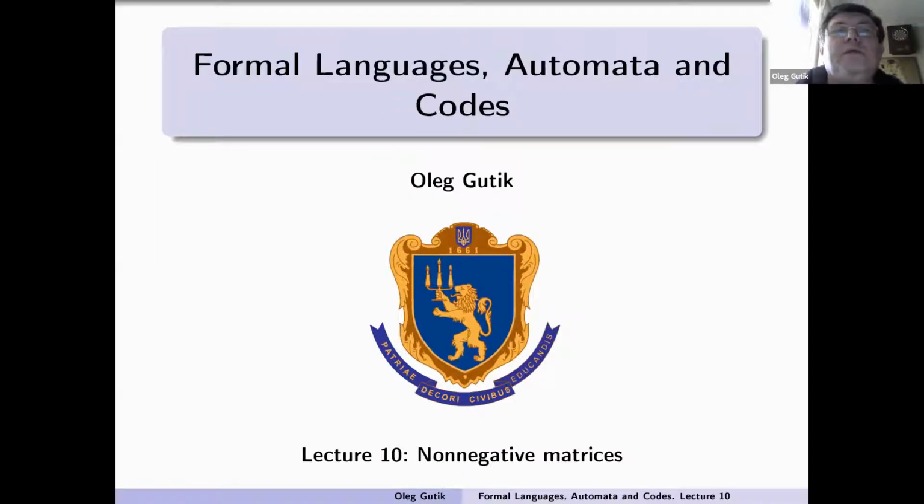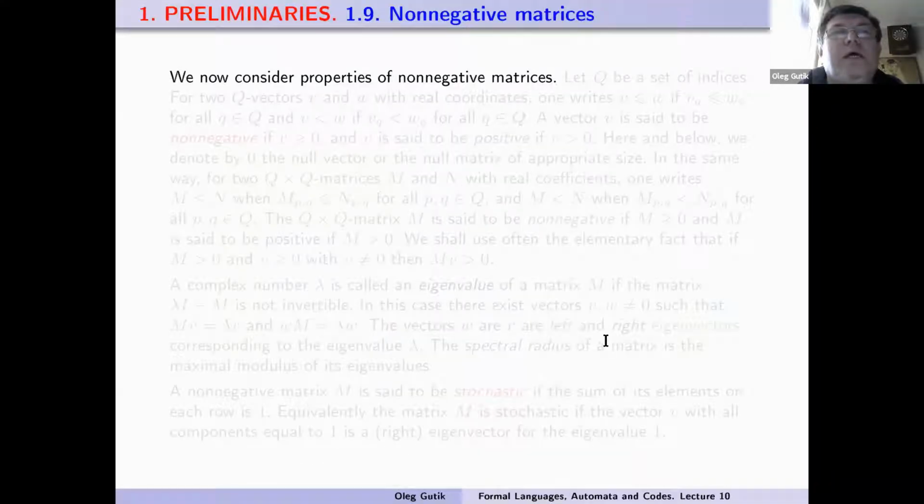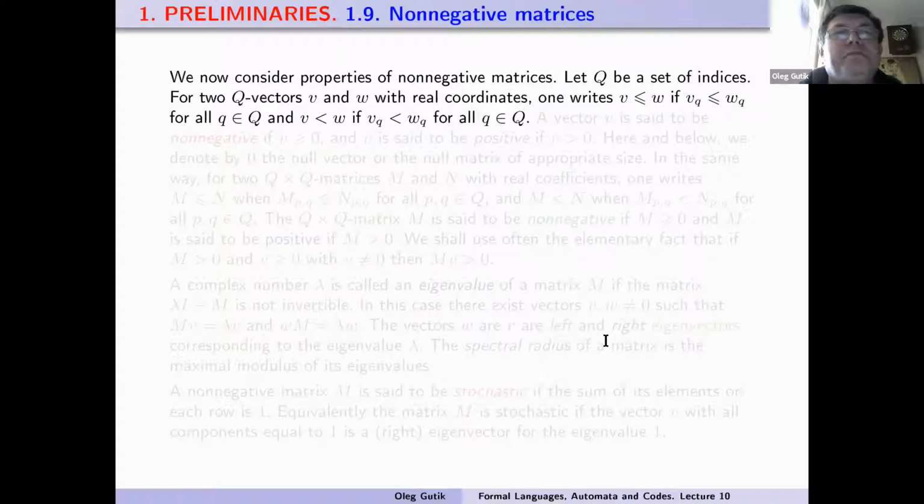Good. Today we have lecture number 10, and it will be devoted to non-negative matrices. So now we consider properties of non-negative matrices. Let Q be a set of indices.